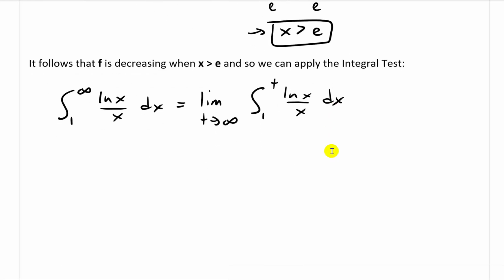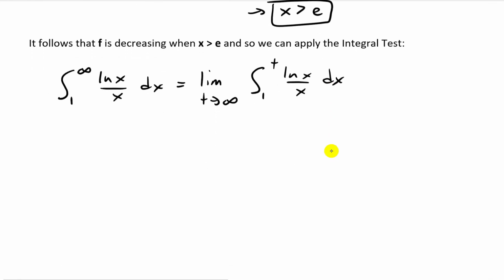Yes, and now to solve this integral, let's put a note right here. Note that if we take the derivative, d over dx of this, the interesting part is that we have an x over there and there's a ln x. Remember the derivative of ln x is 1 over x.